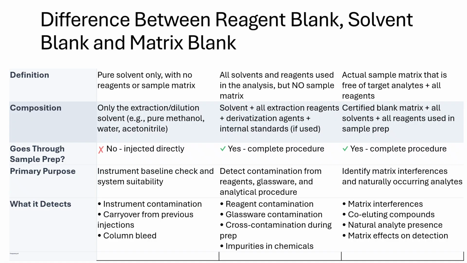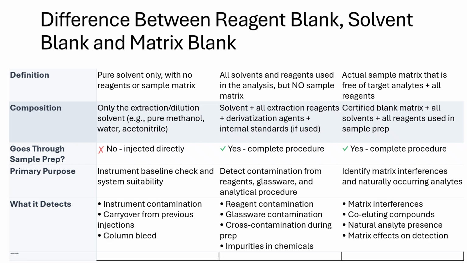Now let's come to reagent blank. In a reagent blank, all the reagents are used but there is no sample involved. So solvent plus all reagents plus derivatizing agent or IS, and it goes through the sample preparation.